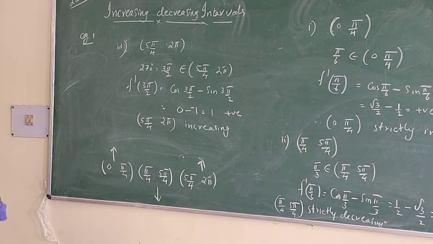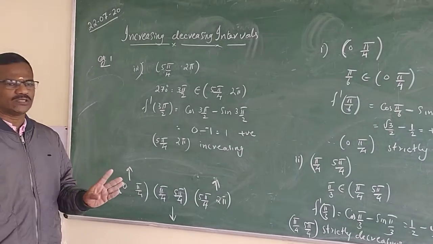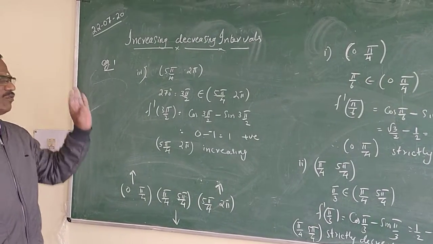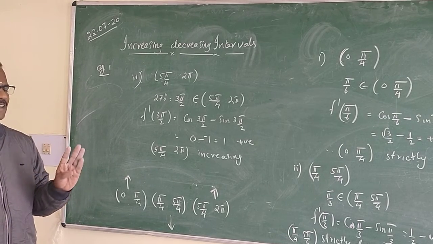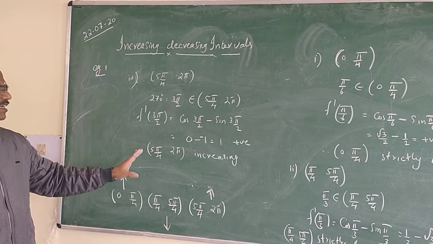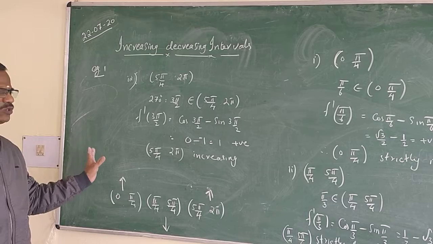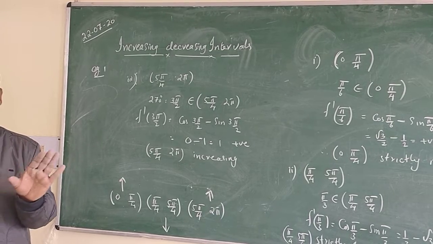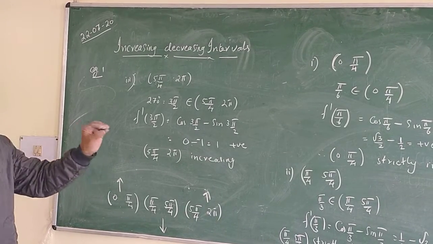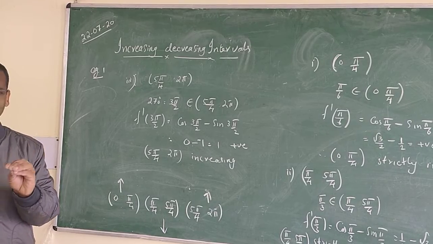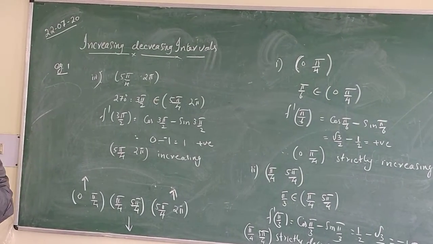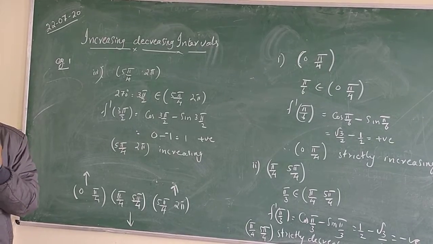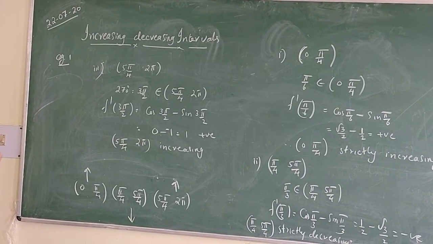So I think there is no chance of confusion there. First we find f dash x and equate it to zero to get the turning points. Using the turning points we divide the intervals, then we take each interval and check whether f dash is positive or negative. If f dash is positive, it is an increasing interval. If f dash is negative, it is a decreasing interval.